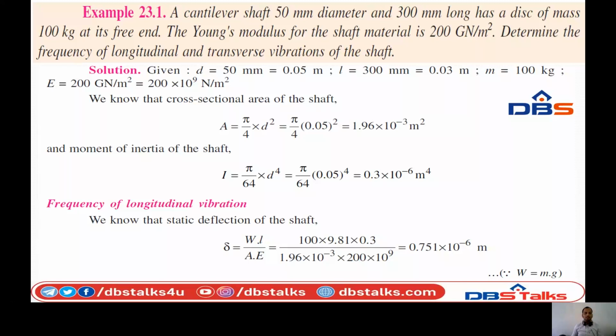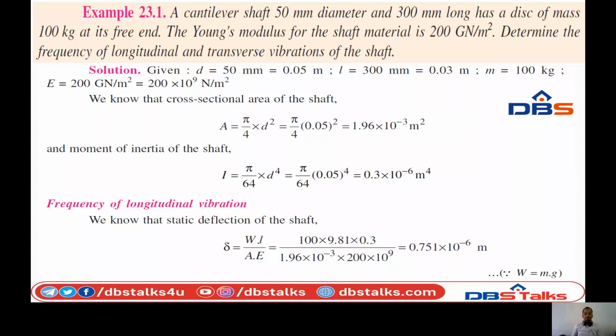Next, frequency of transverse vibration. We know that the frequency formula is the same for both, but the deflection formula is delta equal to WL cube by 3EI. W we know, L we know, E we know. I is called the moment of inertia of the shaft.